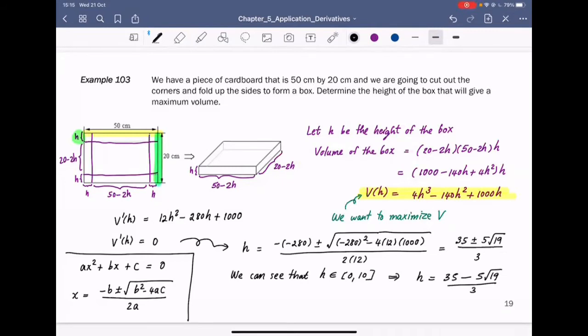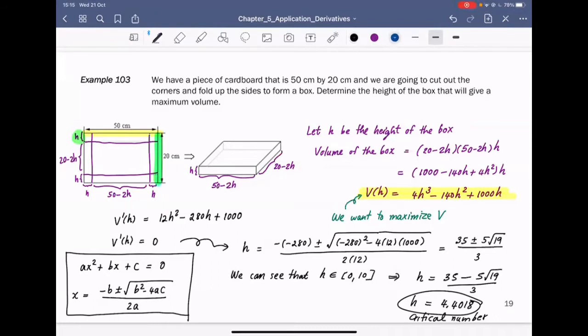If you use your calculator, this is approximately 4.4018. So this is going to be our critical value or critical number. Does it make sense? Once you get your critical number, it is your candidate for maximum or minimum, right?